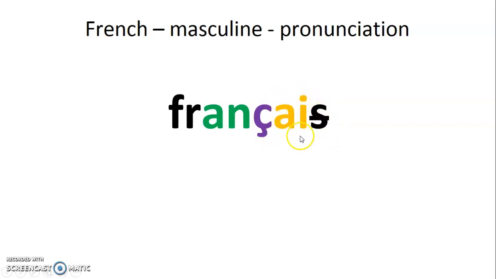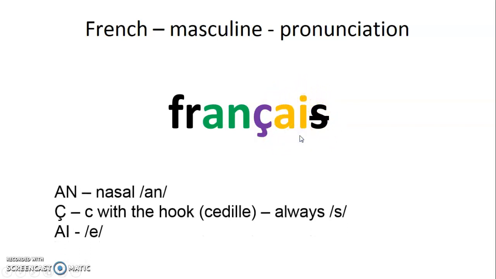The combination of letters A and I is pronounced as E, as A. And this C with the hook, or as it's called in French, c cédille, is always pronounced as S. You don't have to think whether it's K or S. And the combination of letter A with N gives you a nasal. So we have français. Please repeat after the video.